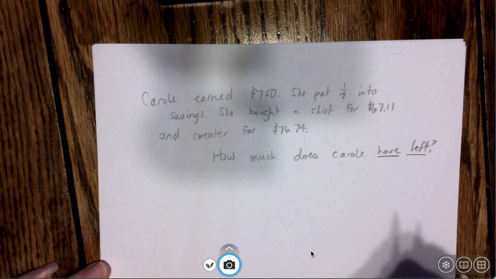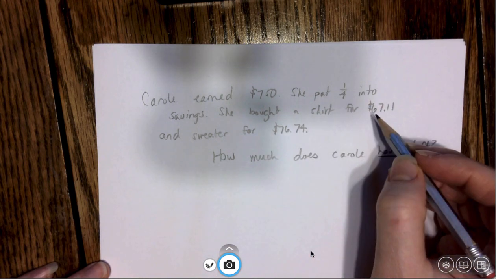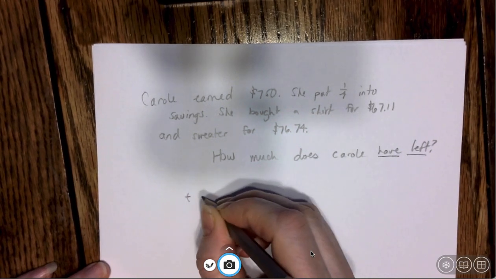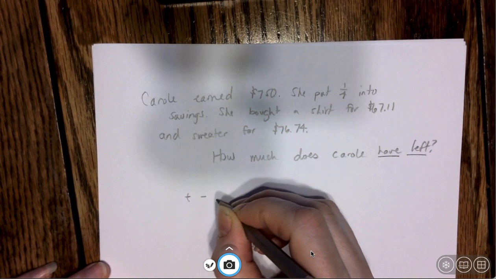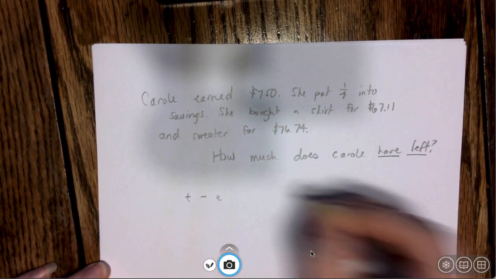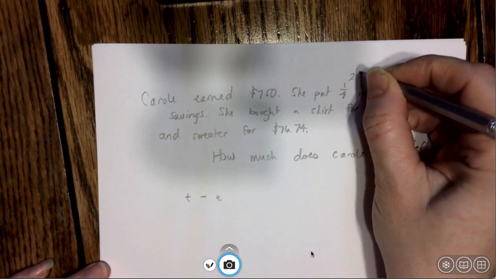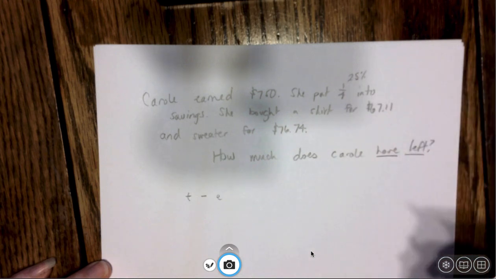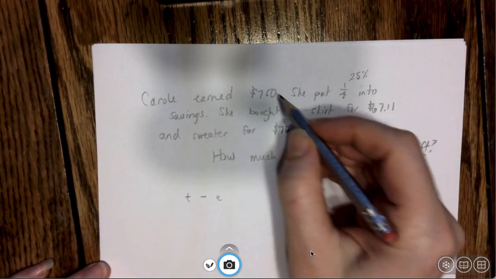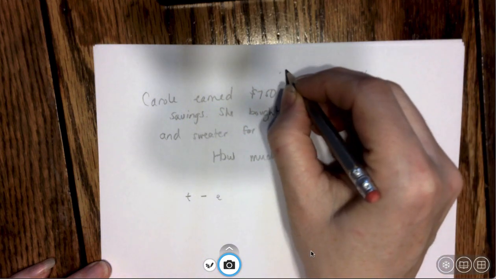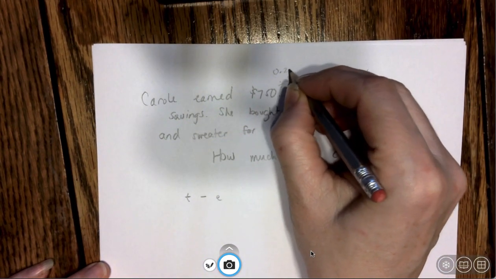So I'm looking for all the things that are accounted for with the total. So my expression is going to be my total minus all the expenses. And that's what I'm looking for. Okay. So I want 25% or 1/4. Now there's lots of ways to get that. You can go 750 divided by 4. You can go 750 times 0.25.